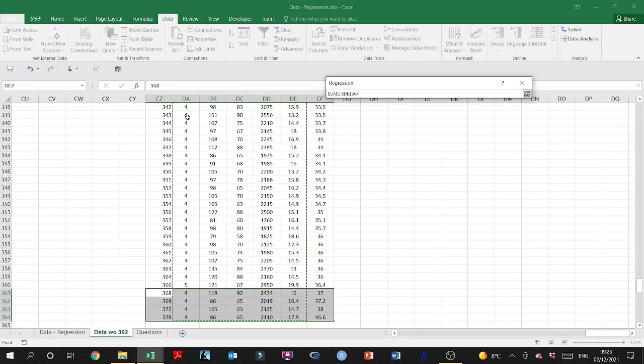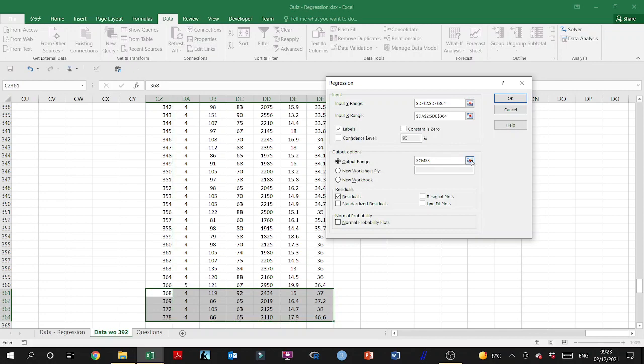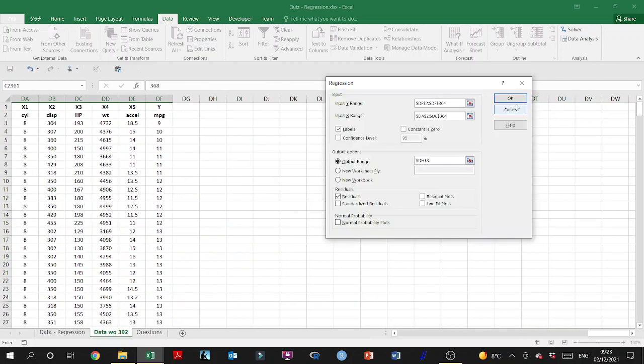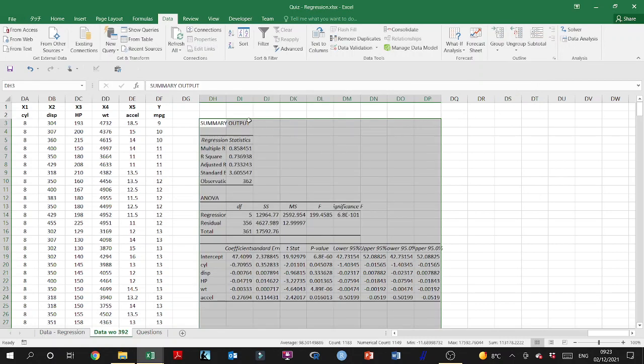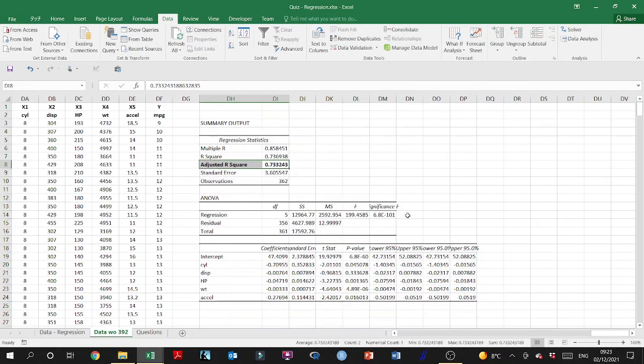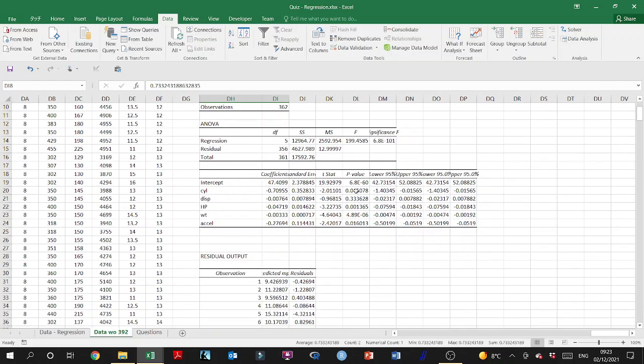Here we go. Okay, and let's see, adjusted R square a bit better. Then, ta-da! Success! So, look at this beauty.